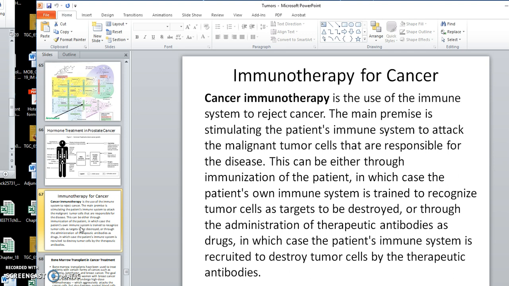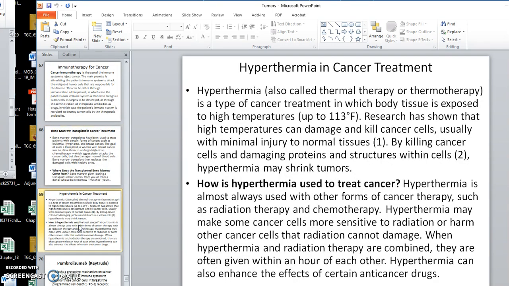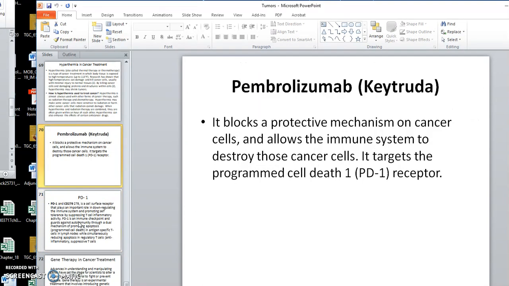So this is a new emerging field that seems to be to try to get your body to do what it can do. Okay. Hyperthermia is another treatment. Okay. Keytruda is a new one. You see that on TV a lot. It blocks protective mechanisms on cancer cells and allows the immune system to destroy these cells.